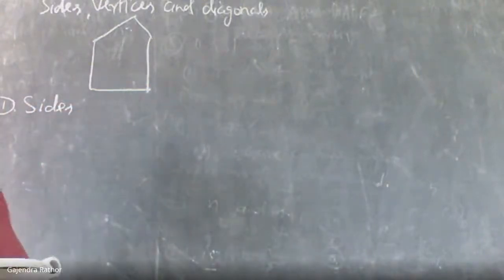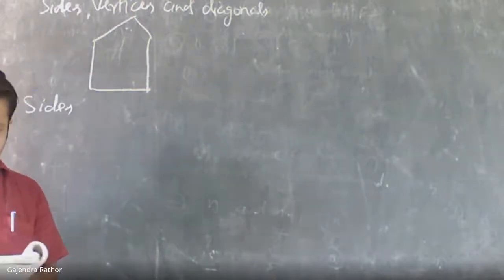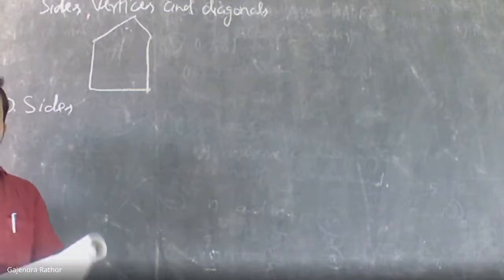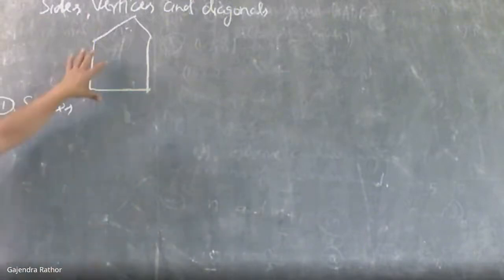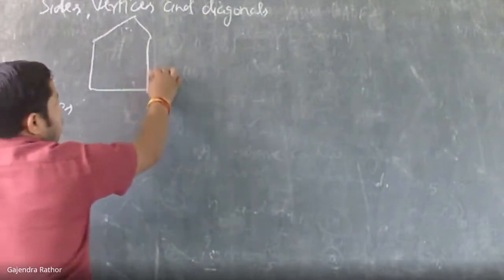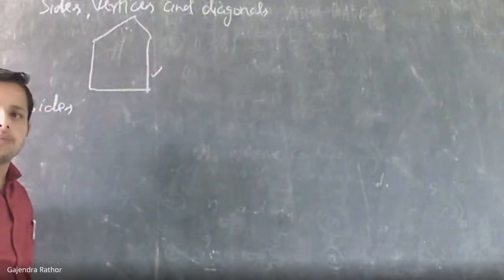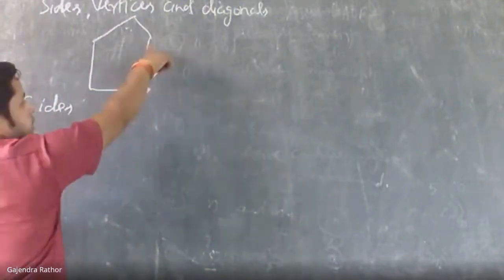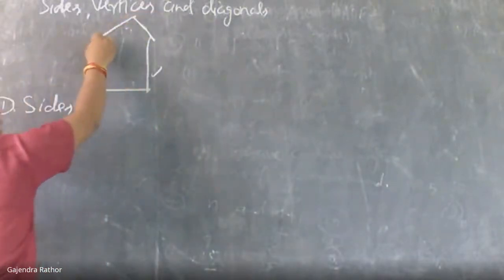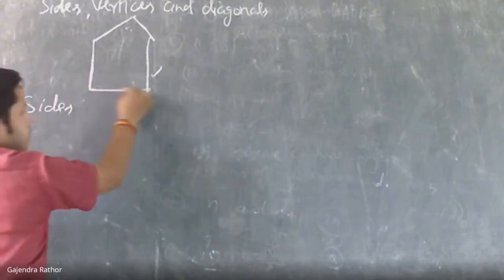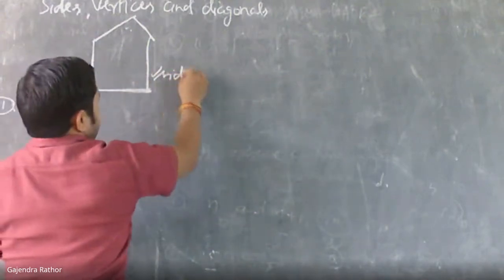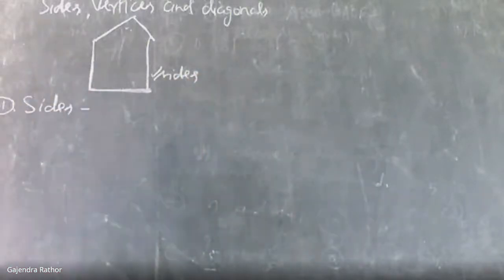What are sides? The line segments forming a polygon are called sides. So there are 5 line segments forming this polygon. This line segment, this line segment, and this. So these are the sides of this polygon.